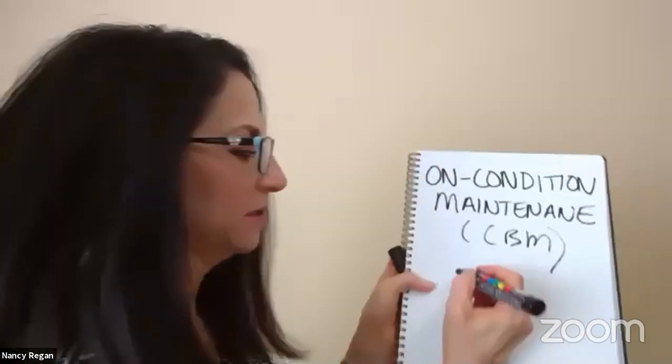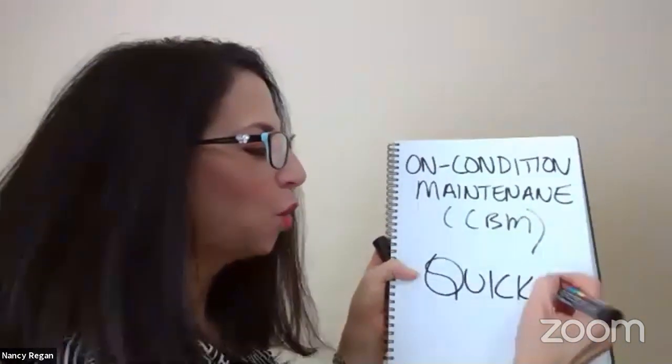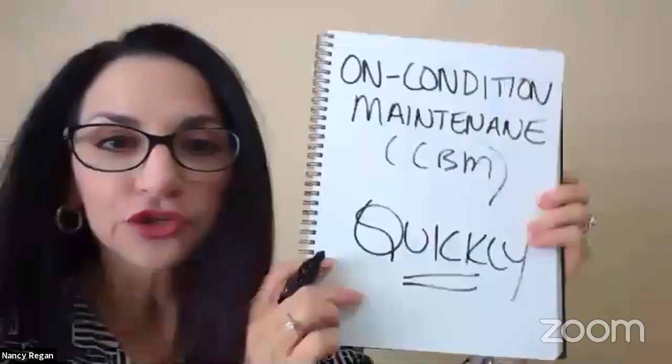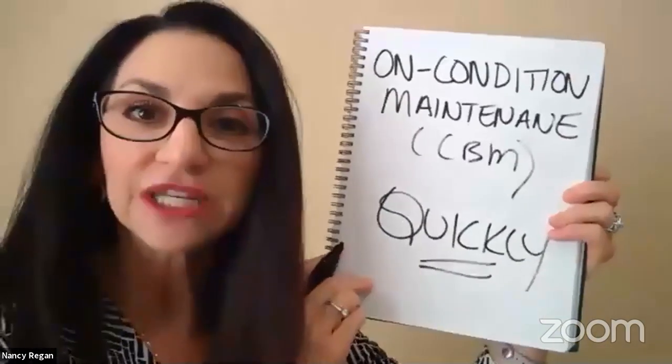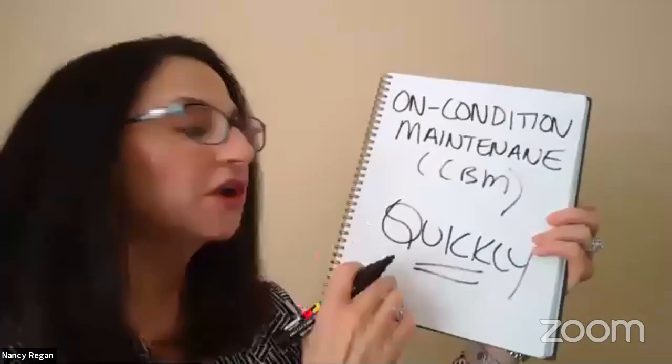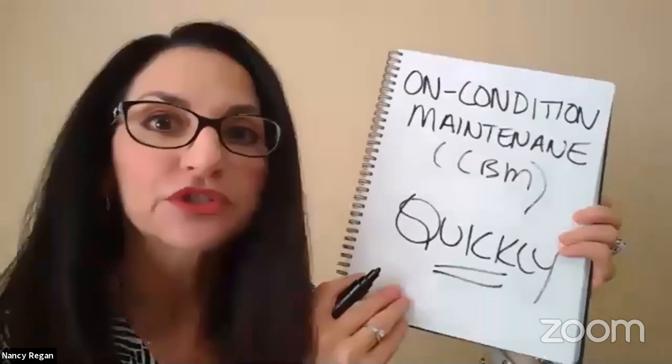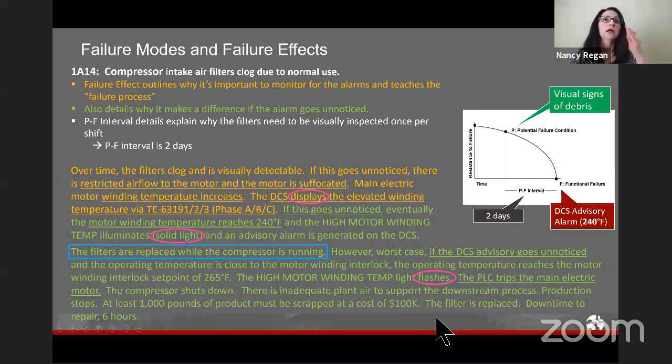What matters is how quickly failure occurs once the potential failure condition is detectable. So it's very important that you're asking your equipment experts the right questions. Now, here's the thing. I get asked often, well, how do you figure out what the potential failure conditions are and what the P2F intervals are? But that's where your equipment experts come in, right? That's where they have the information in their brain.